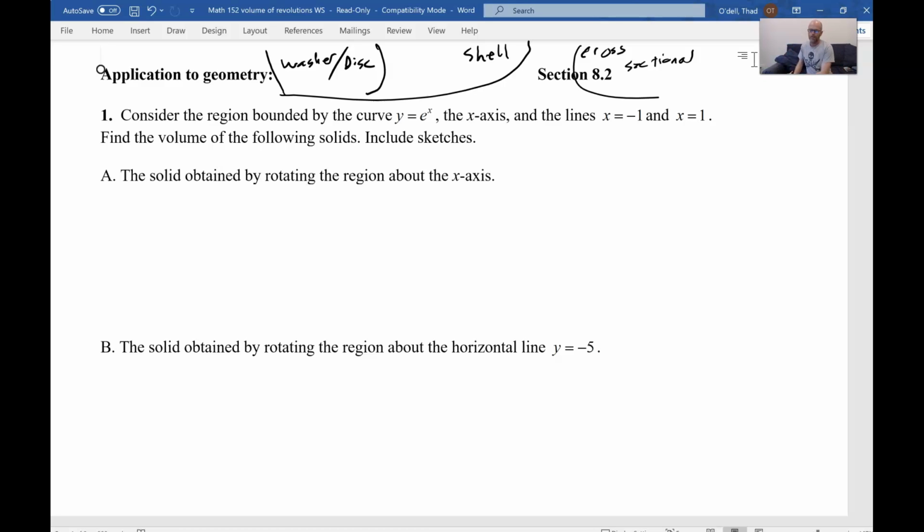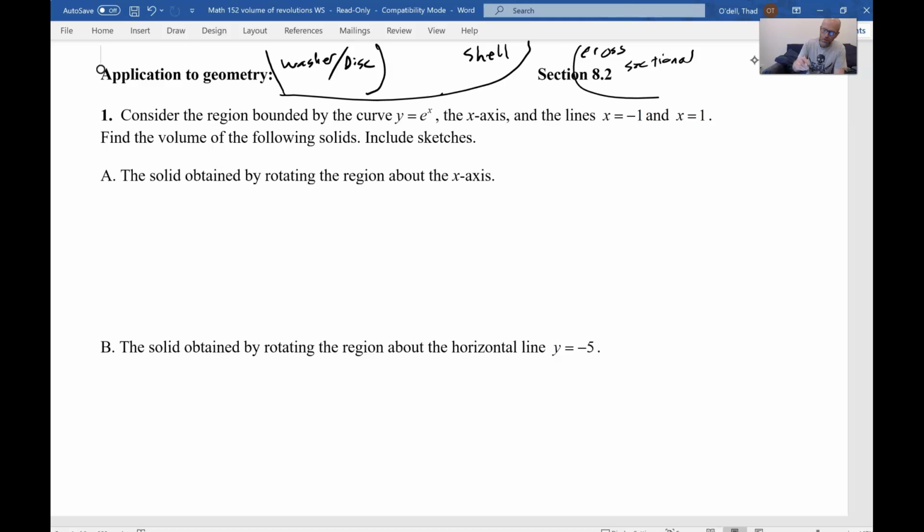The reason we have two different methods for the same type of problem is because sometimes one of these methods will produce an integral that's difficult to integrate, or it's hard to write the formula, or with one method we're going to have to use two or maybe three different intervals, and so we use the other one because it might only need one interval.